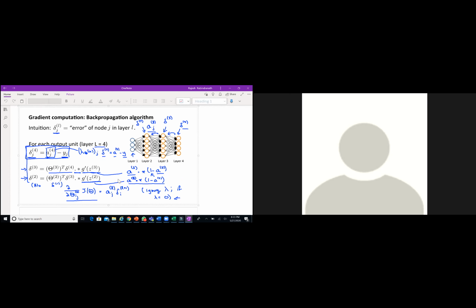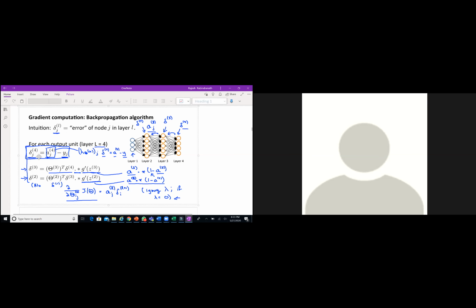So that's the reason. Just intuitively understand that this delta represents the error of node J in layer L. So if I say delta 41, it represents the error of node 1 in layer 4. Because you need to go back, that is why the symbol is very important.